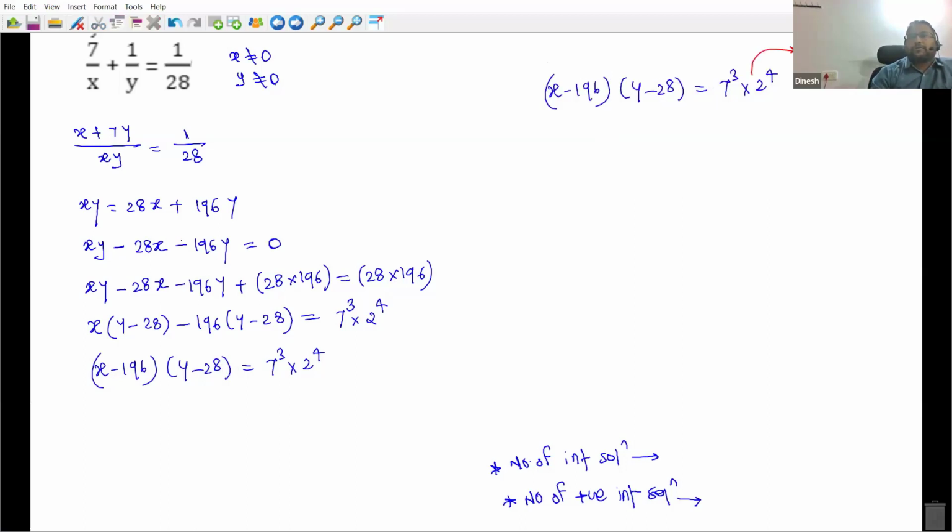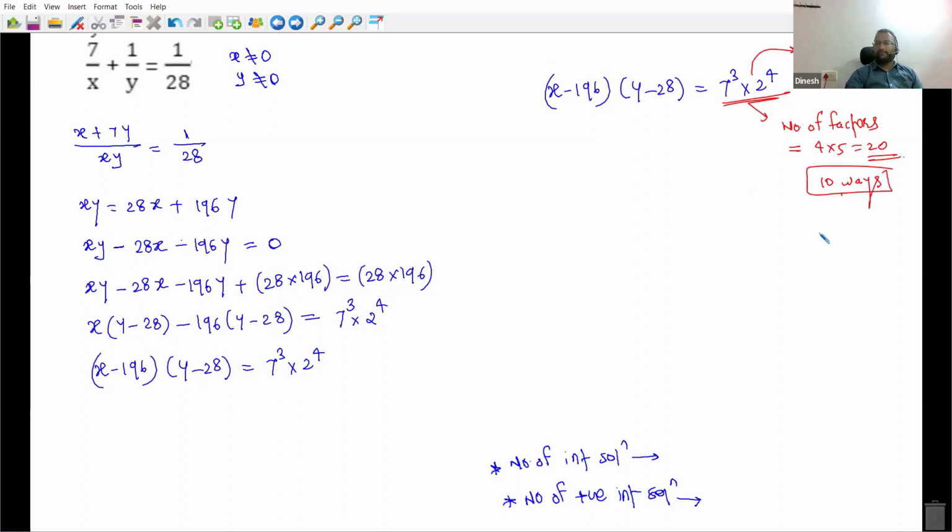So this number has how many factors? Four into 5, 20 factors are there. So there are 10 ways of writing this number as a product of two factors.